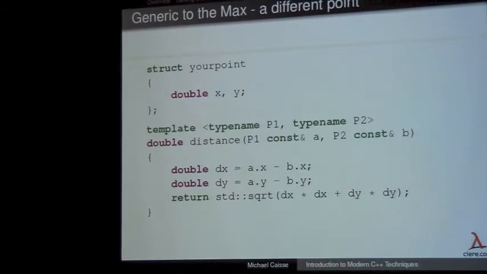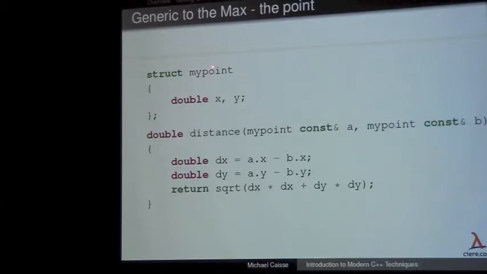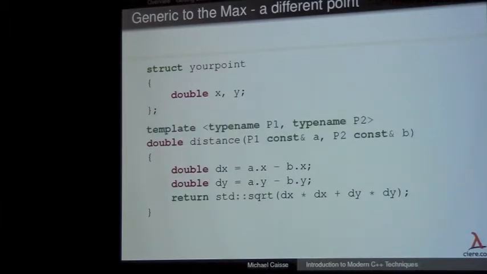And so then we decide, though, that it's okay. I have my point, and you have your point, but we know how to calculate distance between points. And so I'll just template the type, right? So now I have a point coming in with an a and a b, and I'm using P1 and P2.